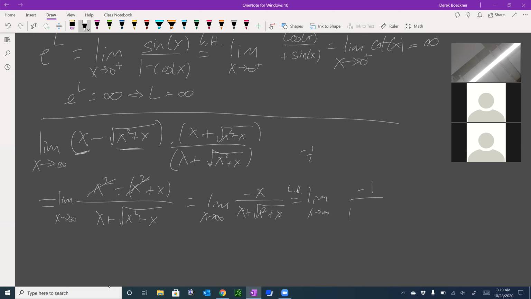minus 1 over 1 plus, well, the derivative of that is 1 over the square root of x squared plus x times x with a 2 on it plus 1, because that's the derivative of the inside stuff.